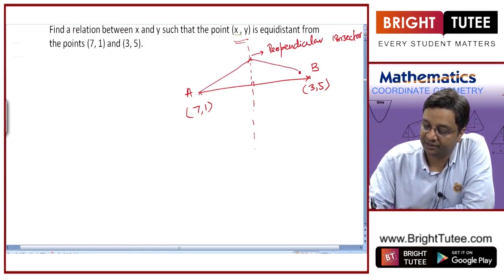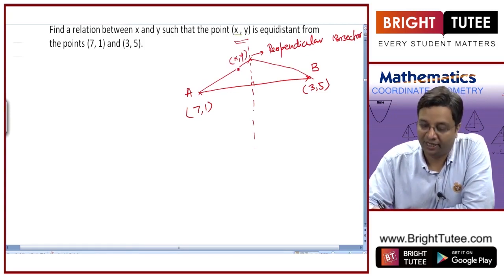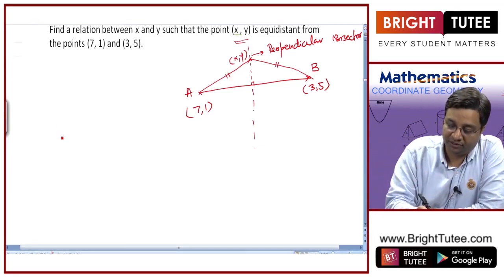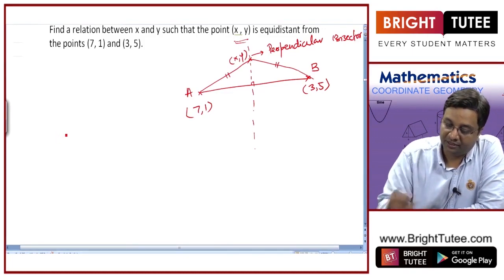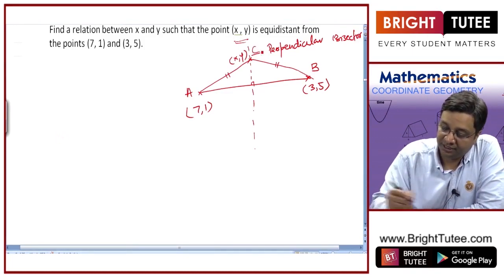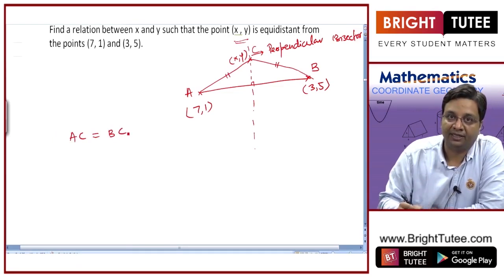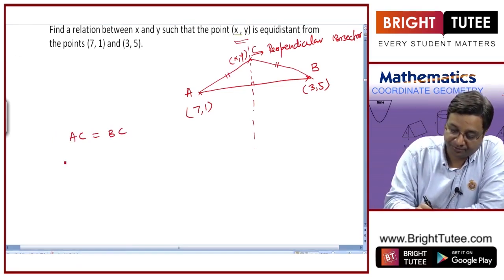Let's take this point as xy, right? So xy is equidistant from A and B. So we just need to show using the distance formula that these distances are equal. Let's name it as C. So as per the question, AC is equal to BC, right? Let's use the distance formula now.